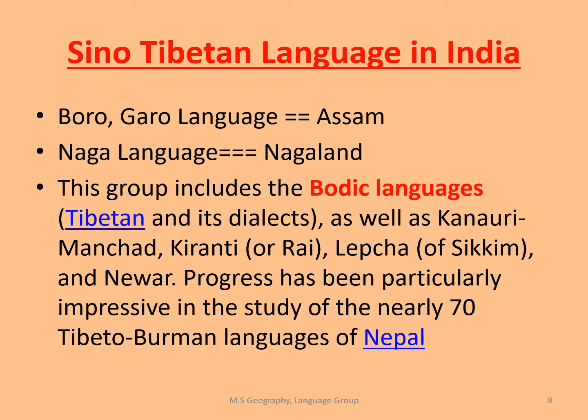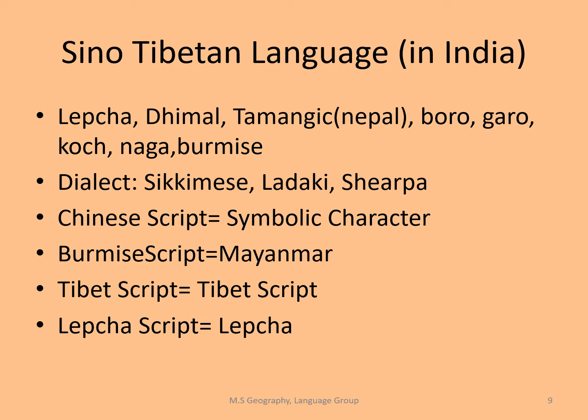There are most probably 70 types of dialects which descend from the Sino-Tibetan language group, and the northeastern states of India practice those languages.